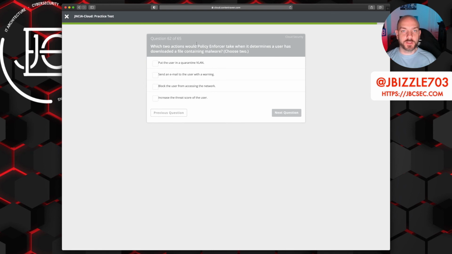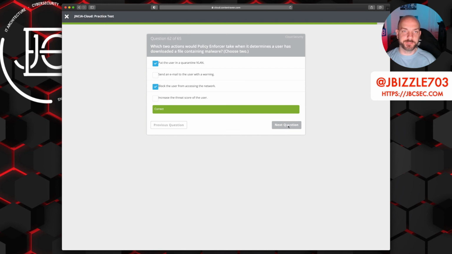Which two actions would Policy Enforcer take when it's determined a user has downloaded a file containing malware? Put the user in a quarantine VLAN. I like that. Send an email to the user with a warning. Block the user from accessing the network. Increase the threat score of the user. I like both of those, I think.